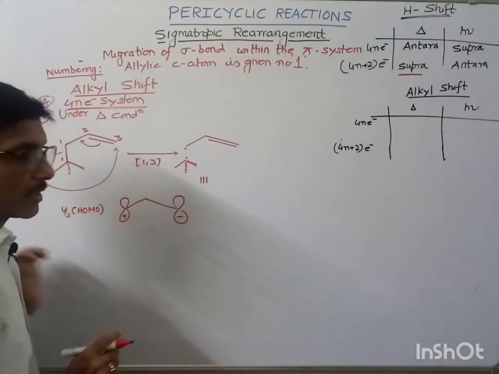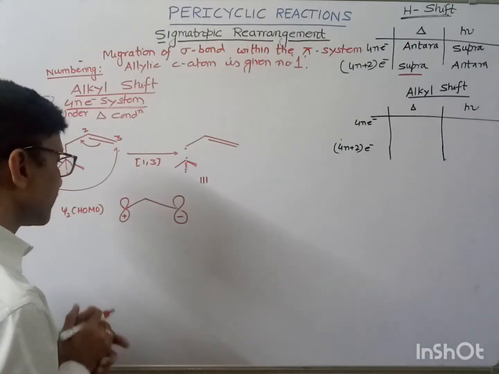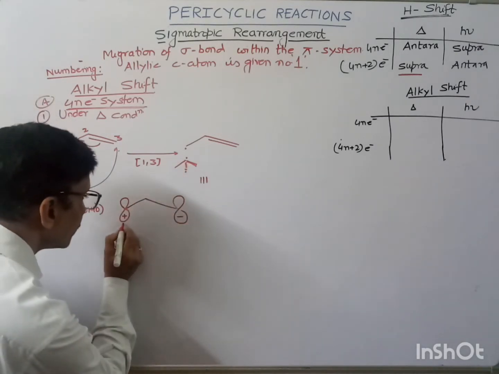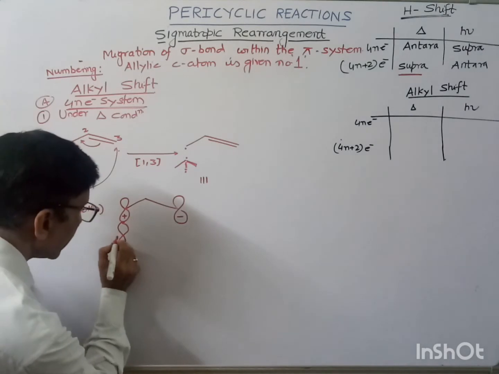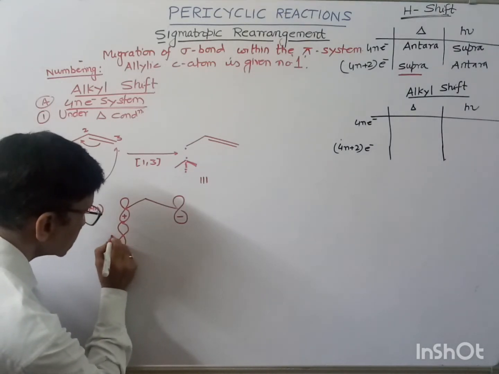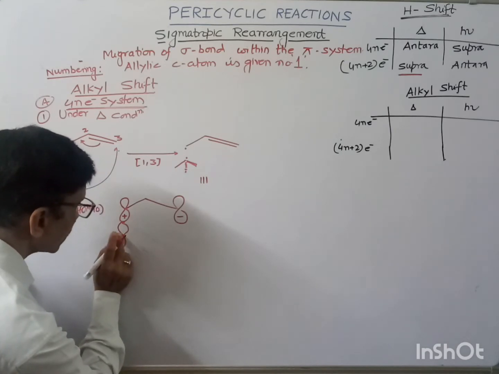Now for the alkyl part, I should write the p orbital of this alkyl, and if I draw it, then it is like this. Okay.